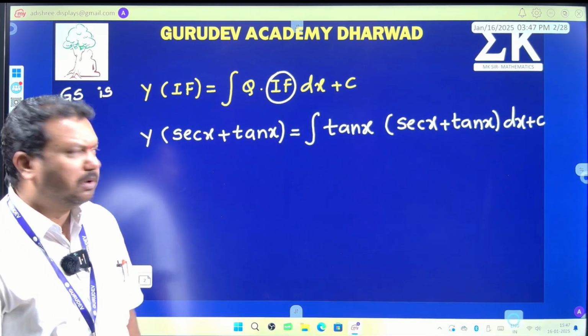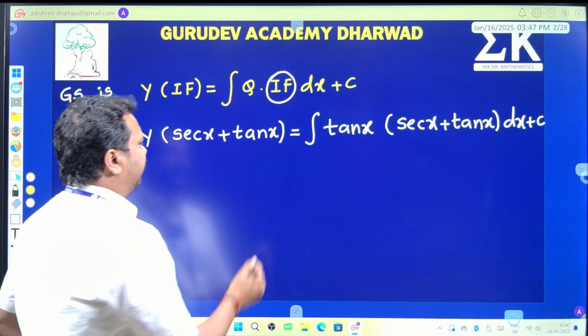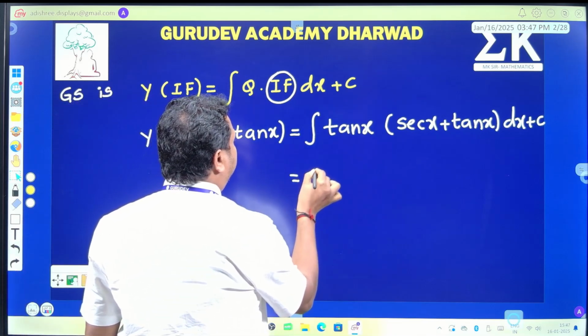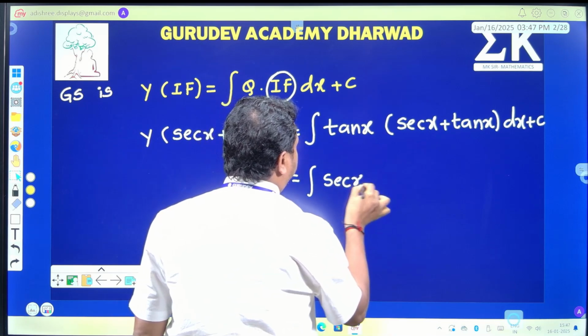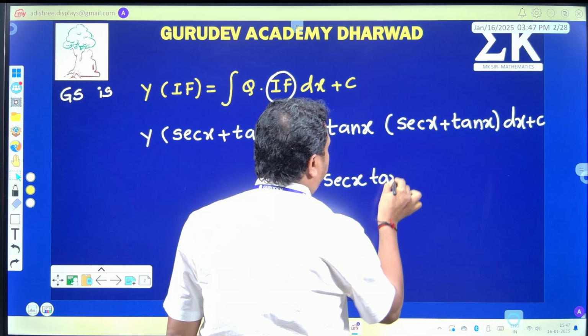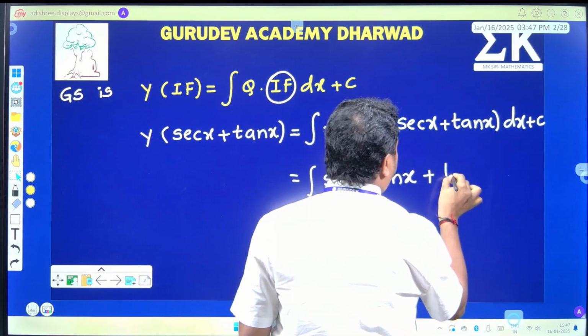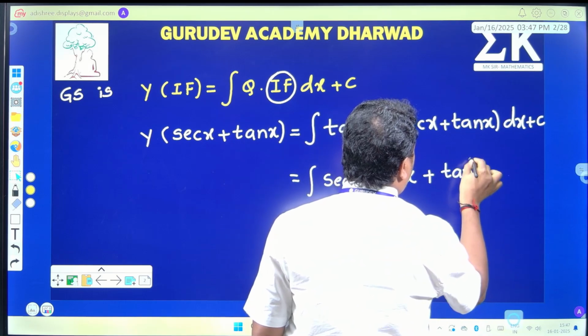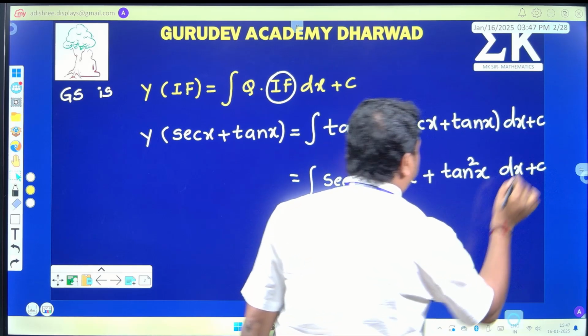Now, it is all about how you are going to integrate this RHS. Let me consider the integration of secant x into tan x, opening the bracket: secant x tan x is one term, plus tan into tan, which becomes tan square x, everything with respect to x plus c.